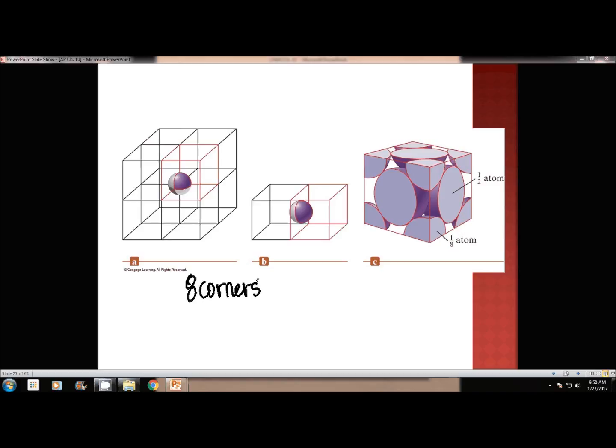So that would be 8 corners times 1/8 of an atom, which gives us 1 total atom inside the unit structure from the corners. It's not all the same atom, okay?